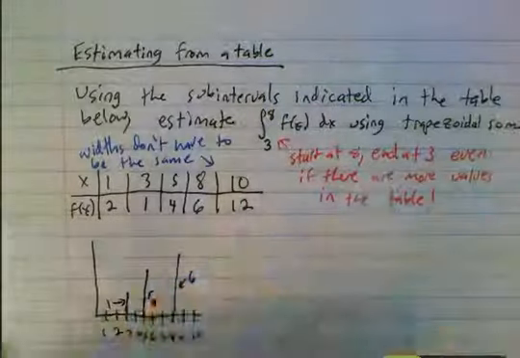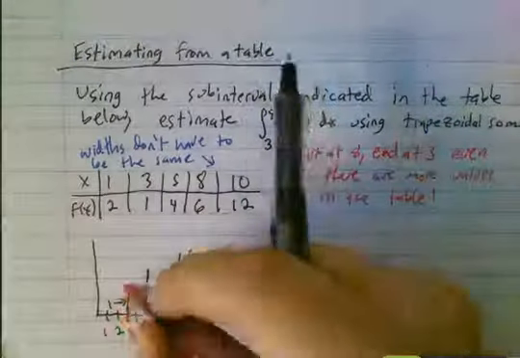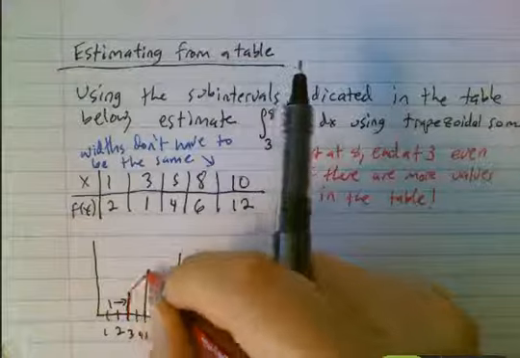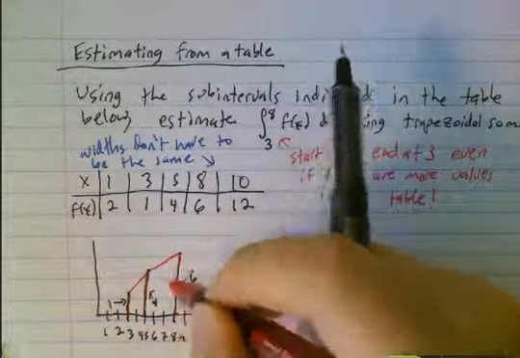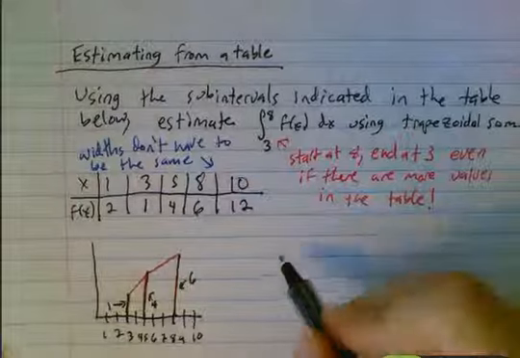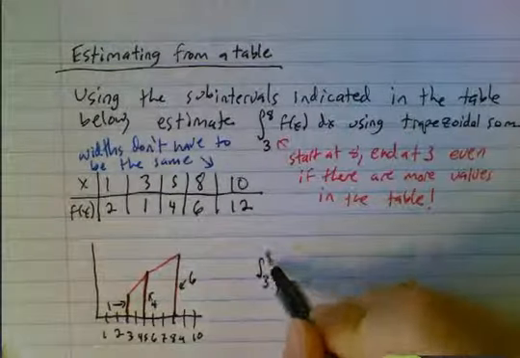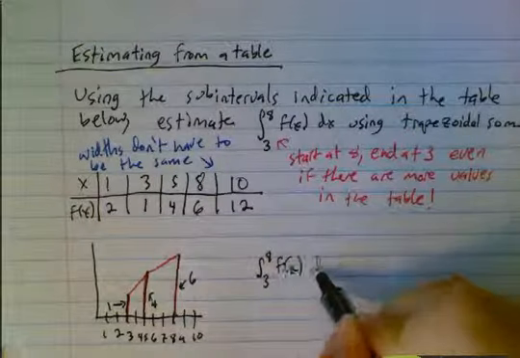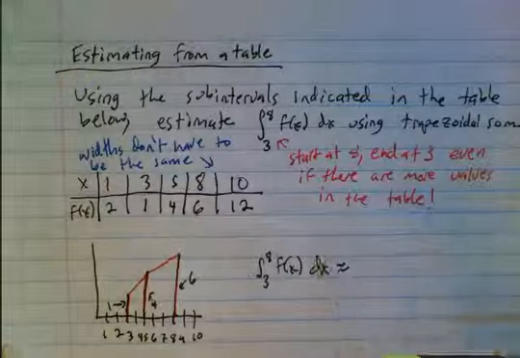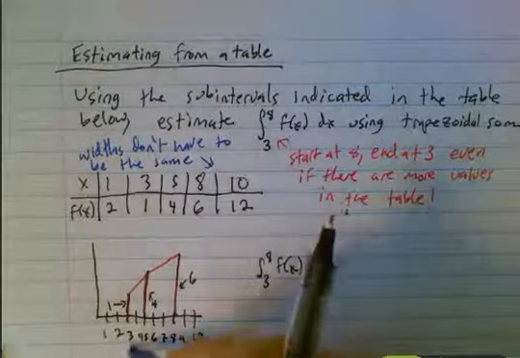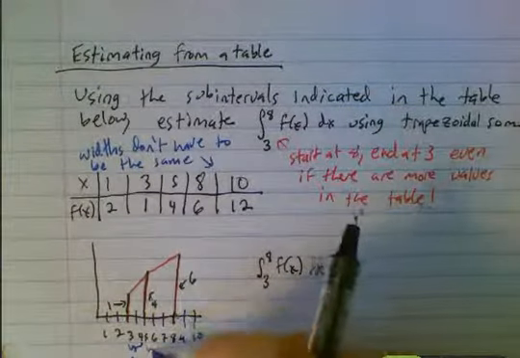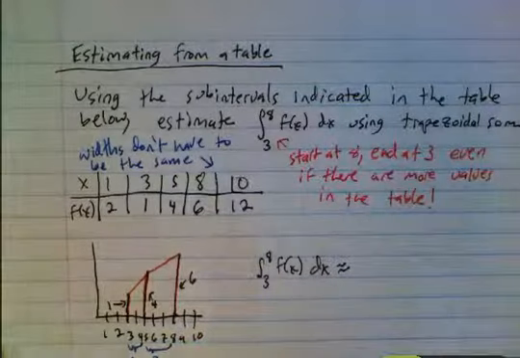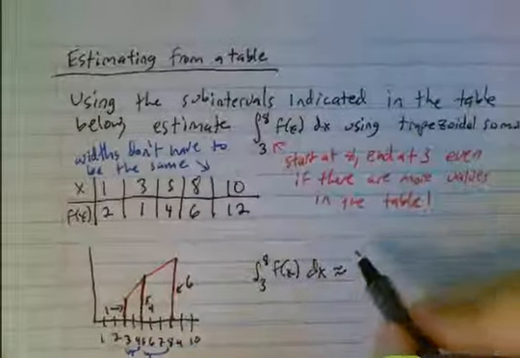So let's go ahead and make some trapezoids. Notice that this one here has a width of 2. This one here has a width of 3. They do not have to match if we're given data from the table.